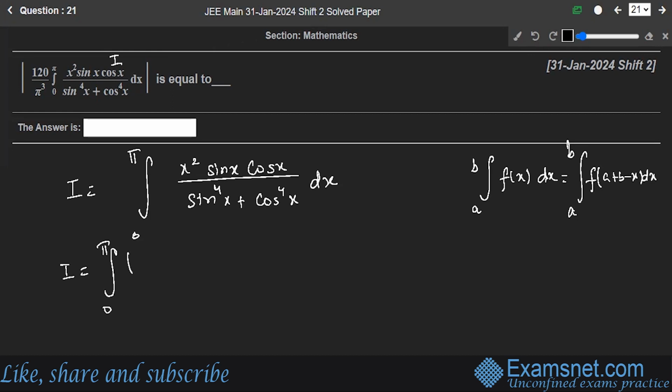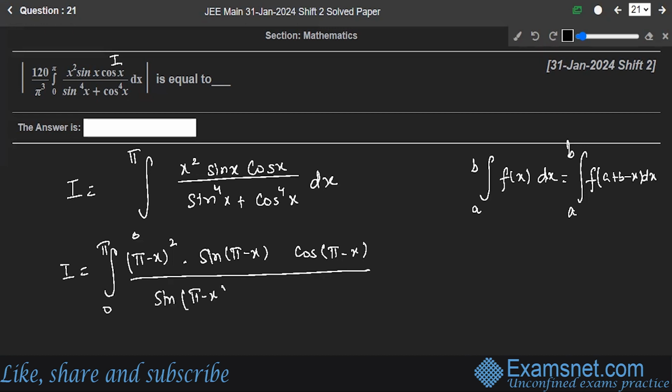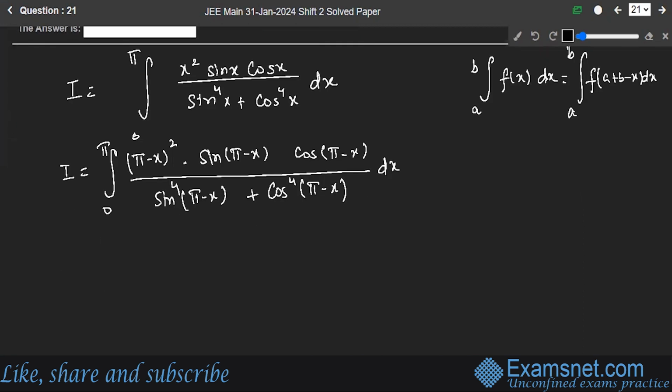This will be given by 0 plus pi minus x square, multiplied by sine pi minus x cos pi minus x, whole thing divided by sine pi minus x power 4 cos power 4 pi minus x dx.